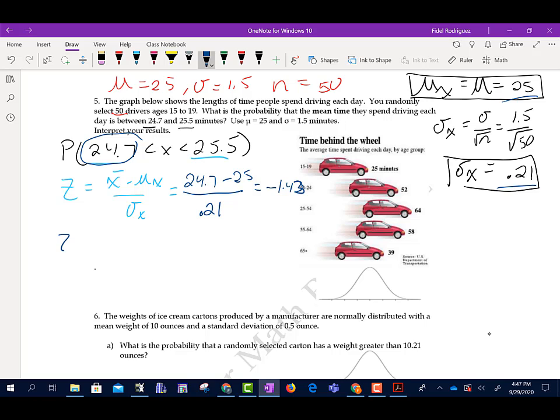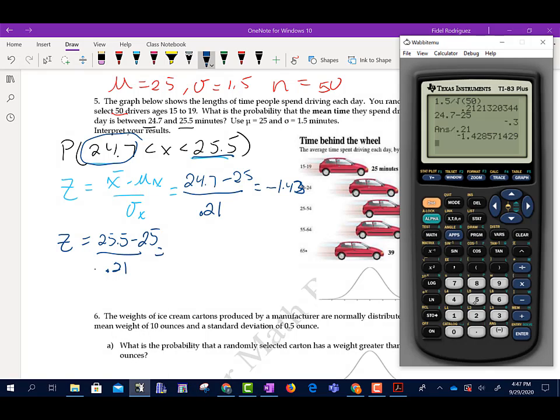Okay. Now I'm going to do this again because I've got to do it for this one. So that's 25.5 minus 25 divided by 0.21. So 25.5 minus 25 equals, divided by 0.21 equals, and I'm coming up with 2.38.